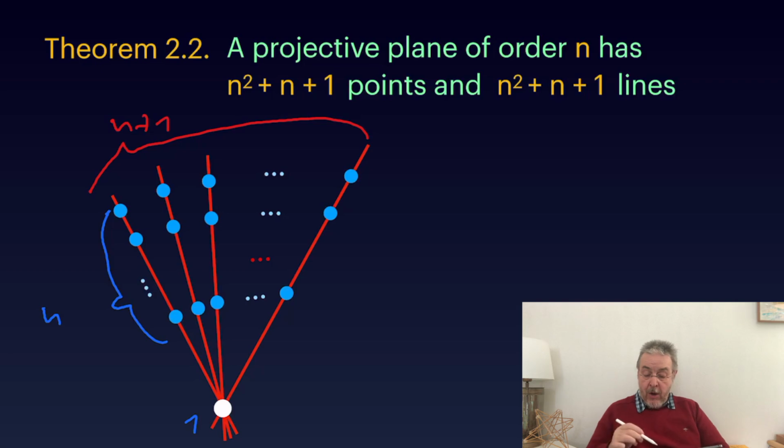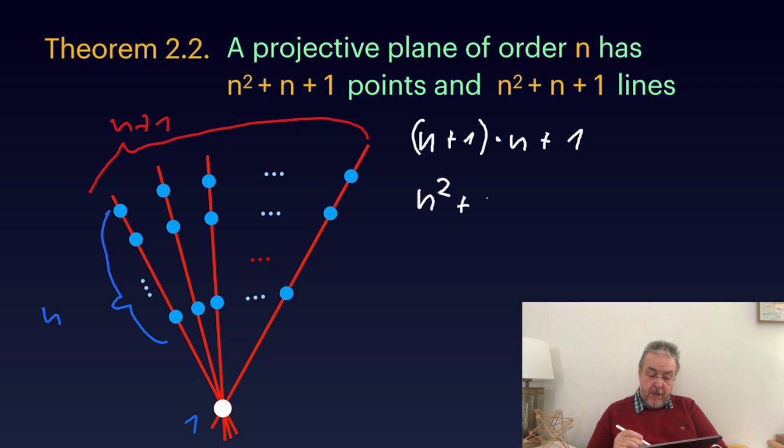So all in all, you get n plus 1 times n plus 1 points, and well, if you multiply that out, you get exactly what we've written there, n squared plus n plus 1 points, and a completely symmetric statement holds for the line.